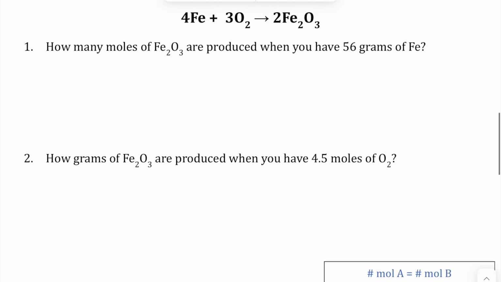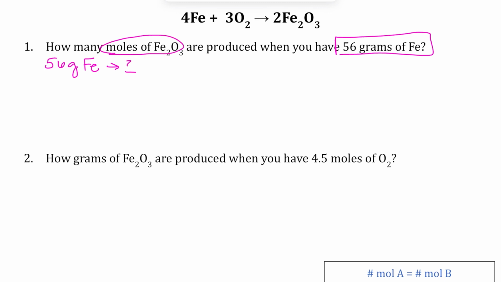All right. How many moles of Fe2O3, iron oxide, are produced when you have 56 grams of iron? So when I'm looking at this, sometimes just identifying your start and your ending point can be tricky. We have 56 grams of iron, and this problem is asking us for moles. So we're looking for moles of Fe2O3.